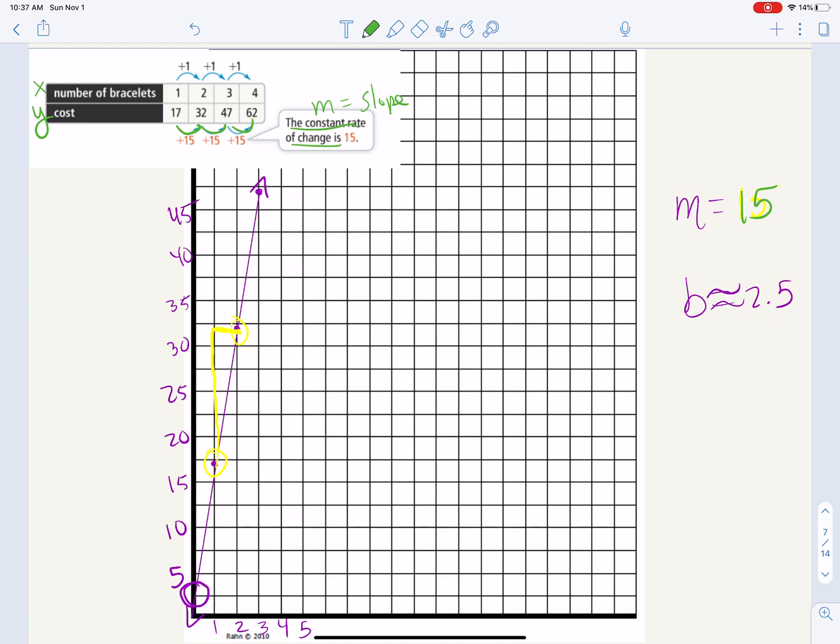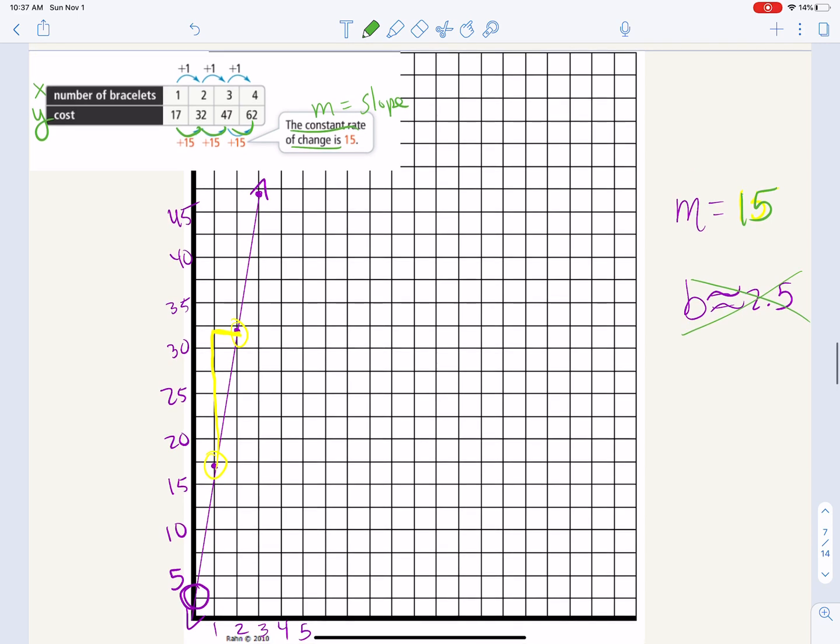Now to find my y-intercept, to get the exact, 2.5 is approximate, I want the exact. Now remember guys, with y-intercepts, it's always where x is 0 on the graph, or it's a coordinate pair. So I'm looking here, that's where I'd approximate, but what if I just completed the pattern on the table? So I can see on the x values it's going by 1s, so I'm going to put a 0 in there.